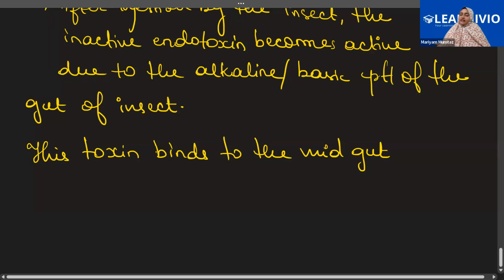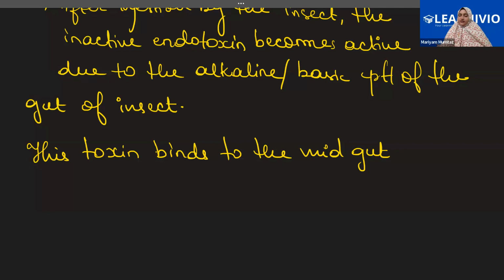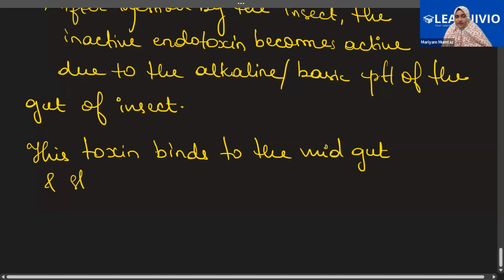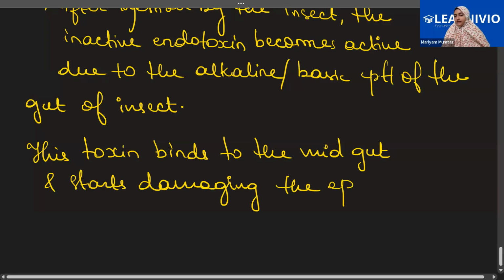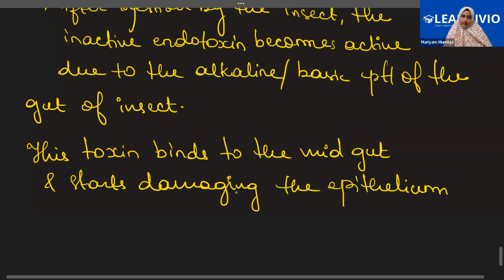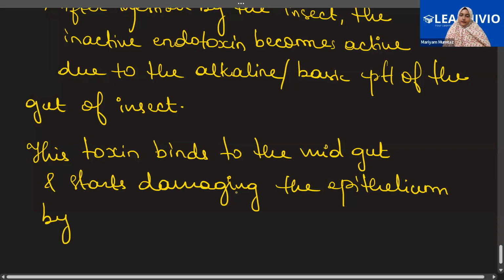In the same way, the gut has certain parts. So the toxin binds to the midgut and starts damaging the epithelium. Epithelium is the outermost layer, isn't it? Yes, very good. So it damages the epithelium by creating pores.